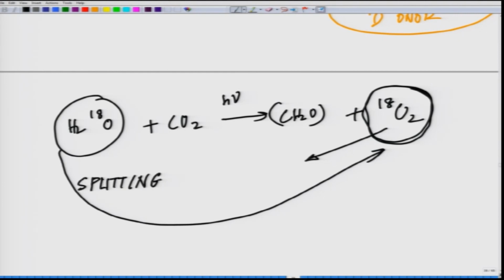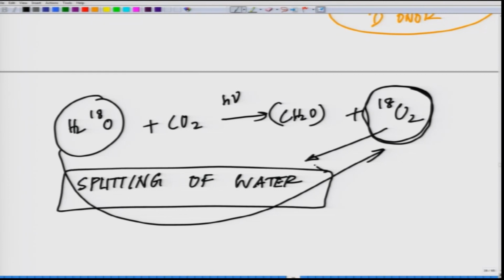It seems that nature learned long back how to split water, and so it could lead to the evolution of oxygen.